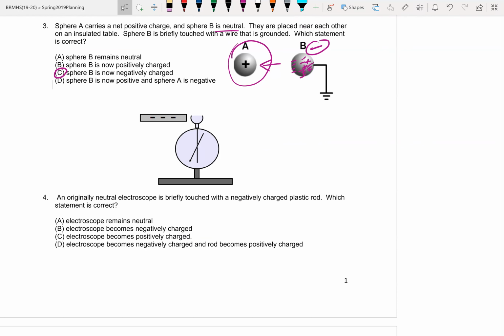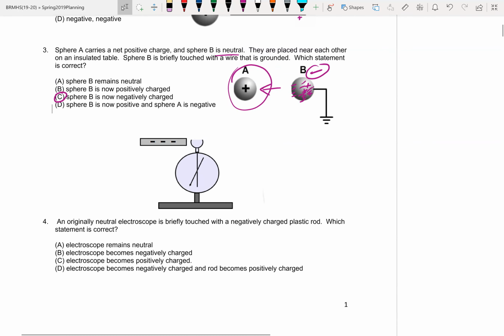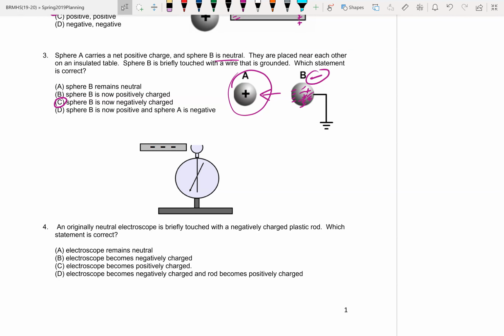An originally neutral electroscope is briefly touched with a negatively charged plastic rod. Which statement is correct? You can see this in the video that I did with my electroscope. I had a plastic rod like this, could be some plastic PVC rod. It's charged up with extra negative charges on it. When it touches the conductive electroscope, some electrons are going to jump onto that electroscope, and the electroscope will become net negative.